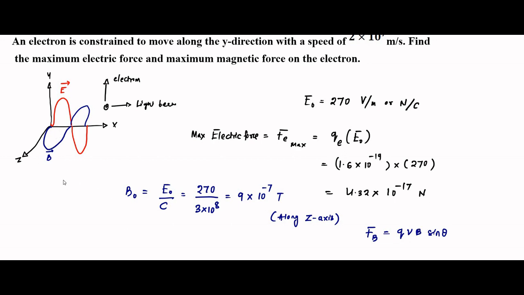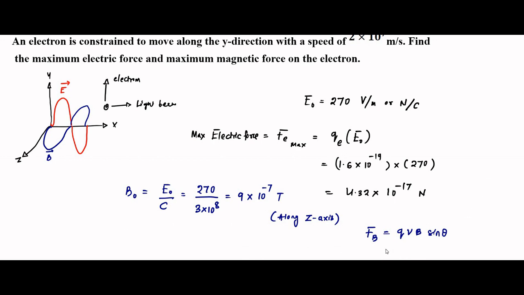So here the magnetic field is along the Z axis, the electron is moving along the Y axis. So the angle between the electron movement and the magnetic field direction, theta, is 90 degrees. Sin 90 degrees is 1.